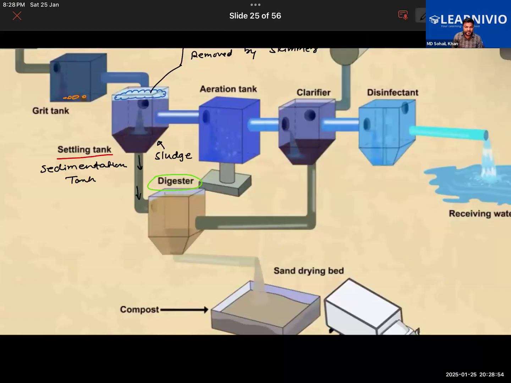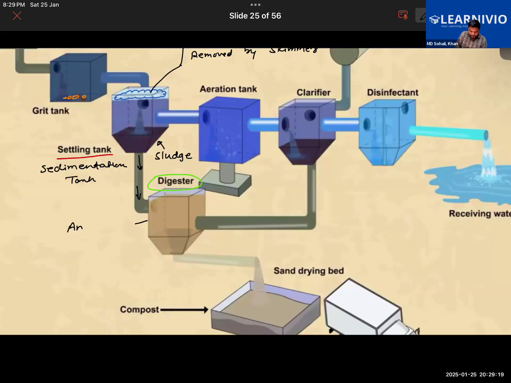In this digester, what will happen to that sludge? You know about anaerobic bacteria? Yes, the bacteria that do respiration in the absence of oxygen. Like yeast. Yeast is not a bacteria, it is a fungus, but it is a good example of anaerobic respiration. Bacteria also are capable of anaerobic respiration.